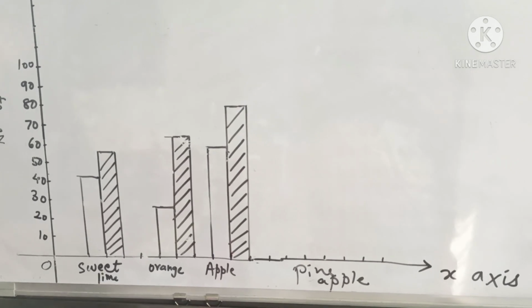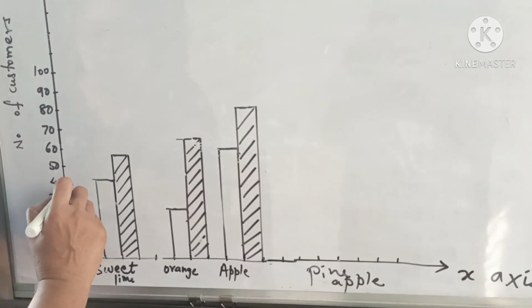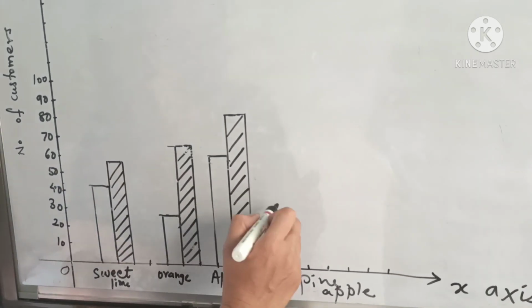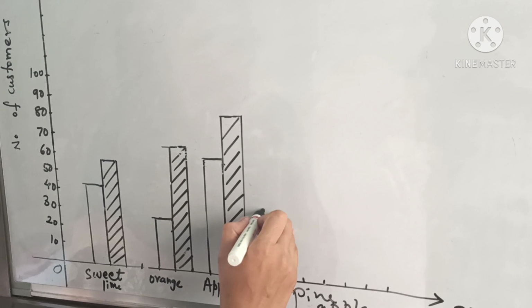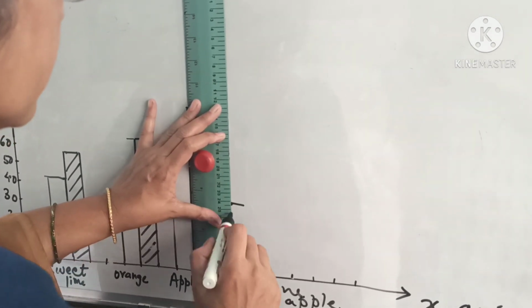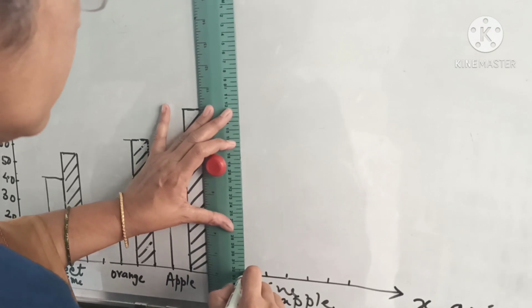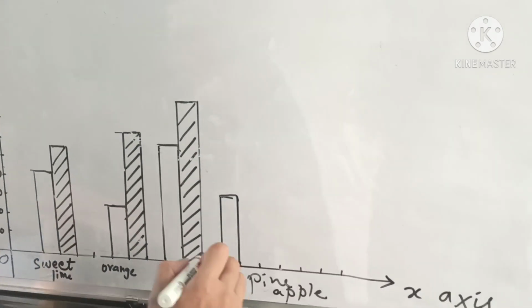Drinking pineapple juice, 40 and 67. So let us do the marking of 40 over here. And 67.